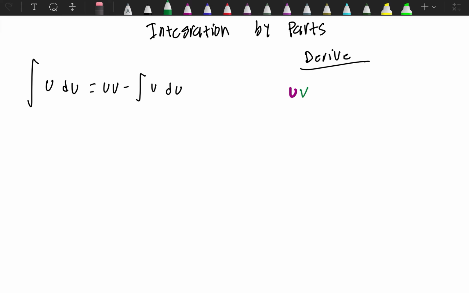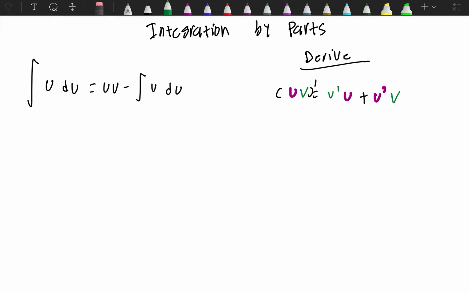So then you have uv derivative equal to v prime u plus u prime v.